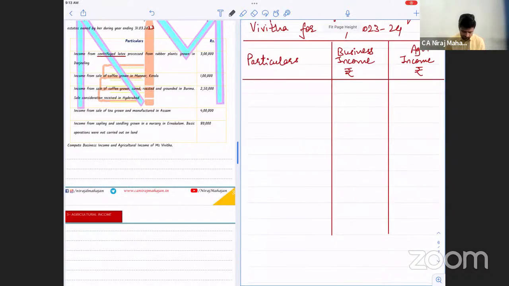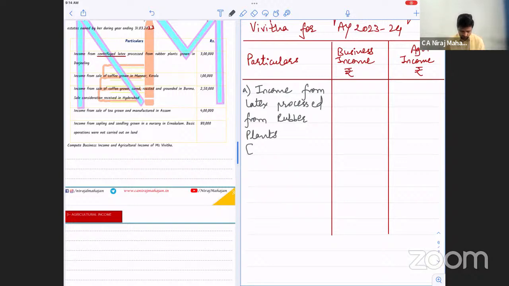So first one, write down, bachcho: income from latex processed from rubber plants, correct? What is the rule over there for rubber? Rule number? All of you: Rule 7A for rubber.